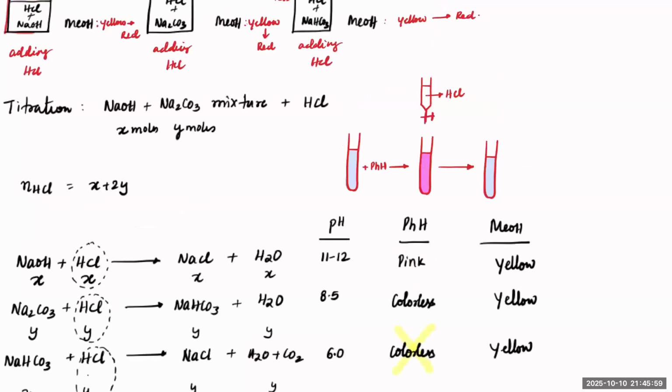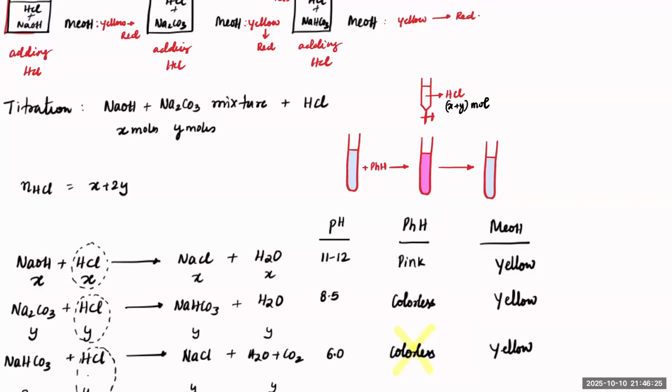So after the titration it has been colorless, which means how many moles of HCl must you have added? X plus Y moles you must have added during the titration. Is this logic clear, everybody? Okay. So after X plus Y moles, you will stop the titration.